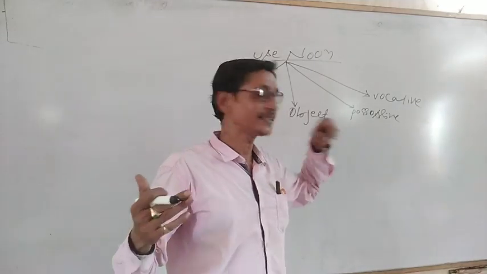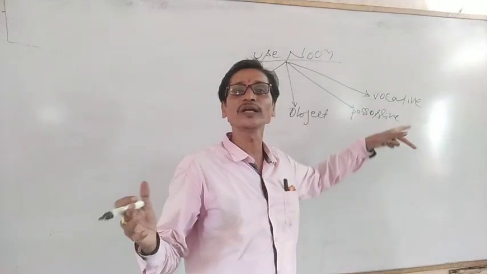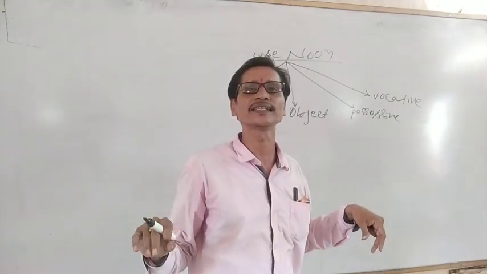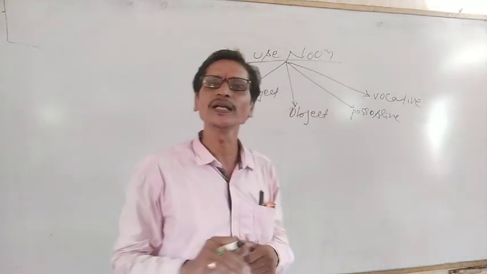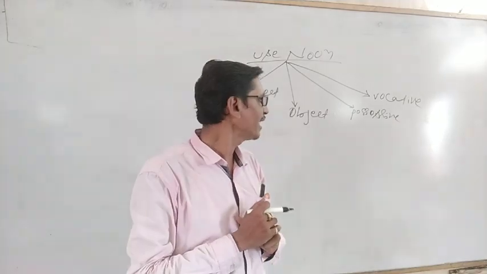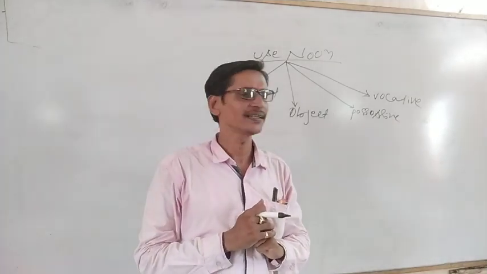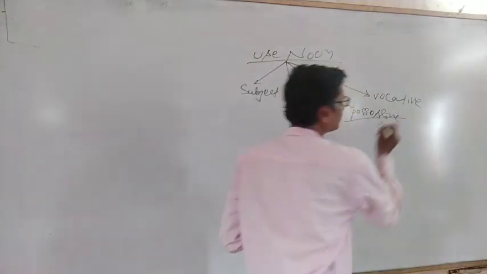Vocative is used when we want to attract the attention of others, and we discussed that briefly in the previous class. Today, let me tell you something more about the possessive.